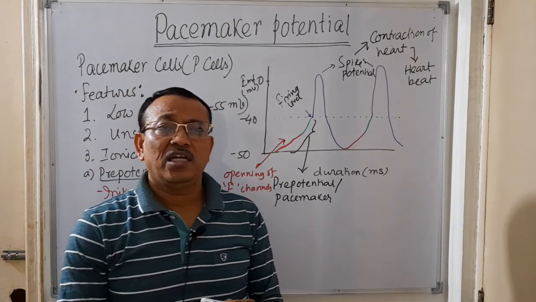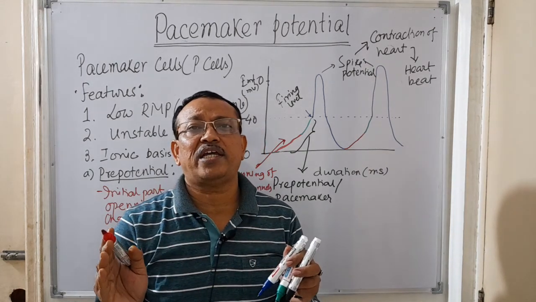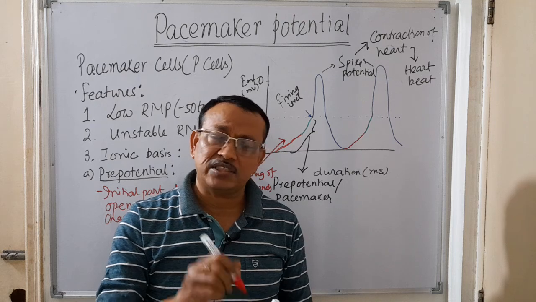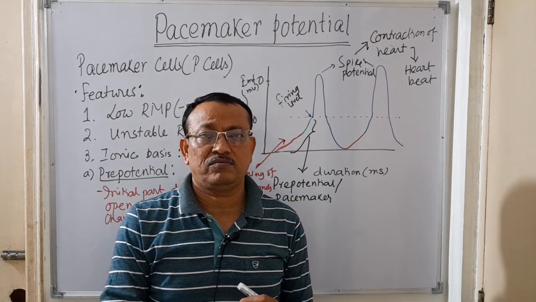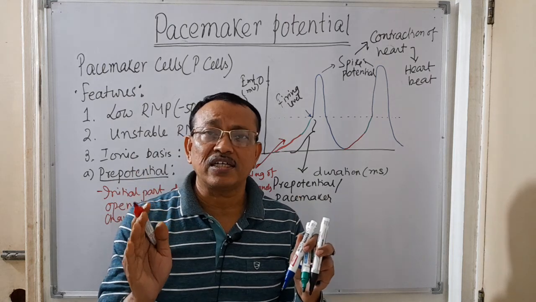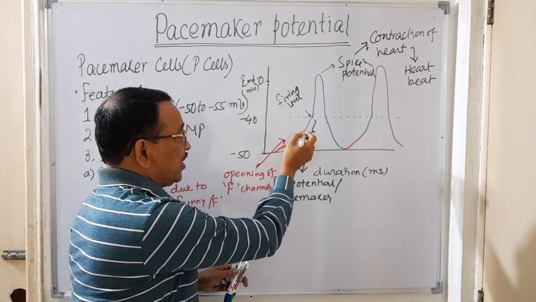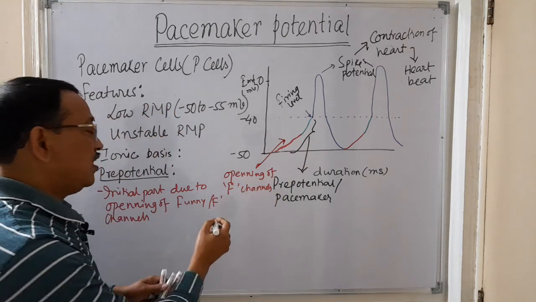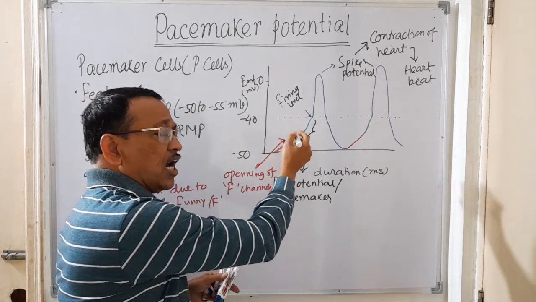Generally, the voltage gated sodium channels and the potassium channels are different. Through the voltage gated sodium channels, potassium cannot pass, and similarly through the voltage gated potassium channels, sodium cannot pass. For both ions, separate channel proteins are there. But in this case, these are leaky channels, leaky towards both the sodium ions and the potassium ions.